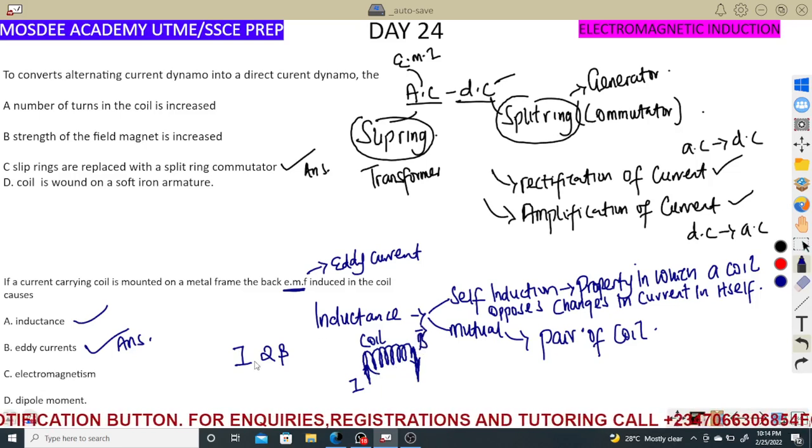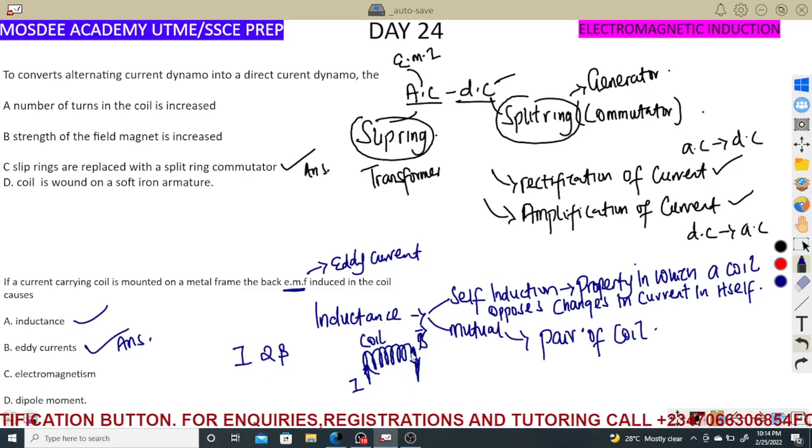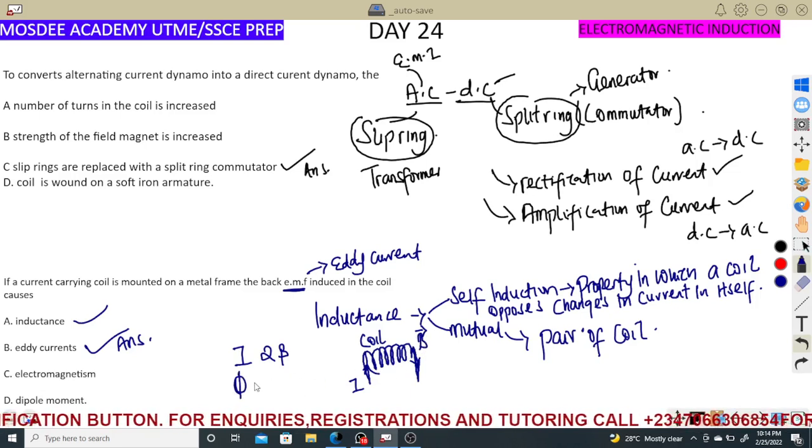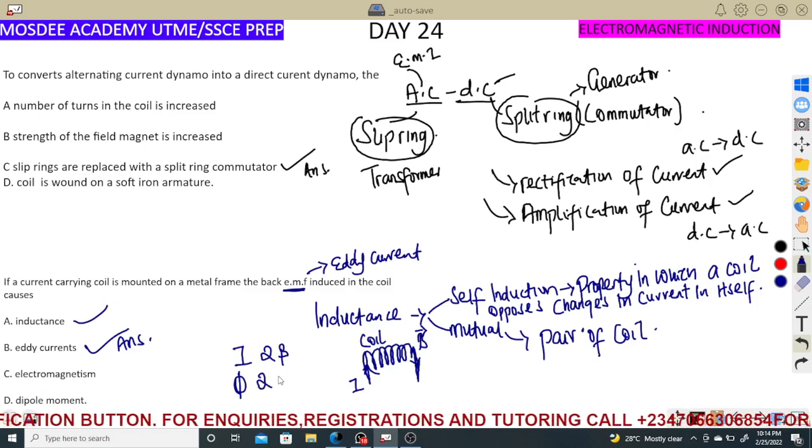And we've also talked about flux. When coils are wound together, they have flux. The flux generated, which is phi, is also proportional to the magnetic field.